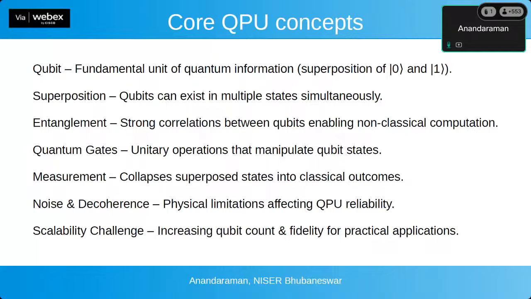Scalability is a challenge: increase qubit count and fidelity for practical applications. Increasing the number of qubits is very difficult now, because the coherence time is reducing. It should remain in that state until you do the calculation, so that you can manipulate it. But if it changes by itself because of noise and decoherence, then the error rate will be more.